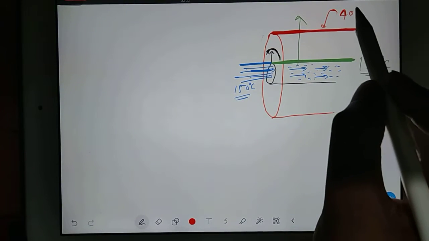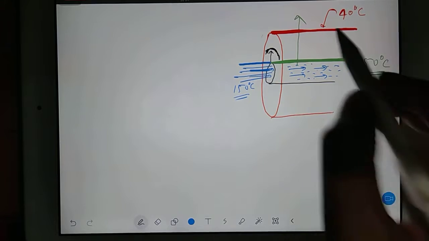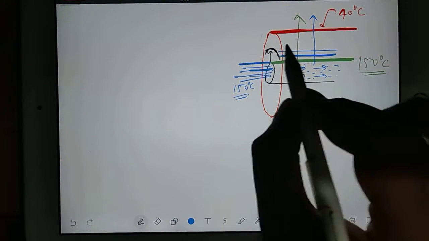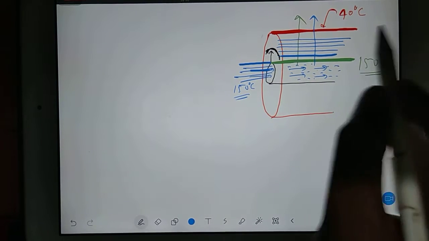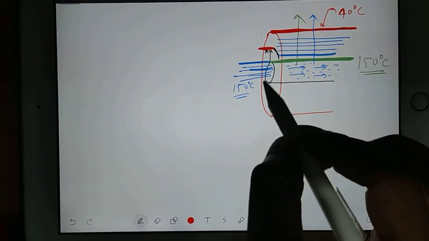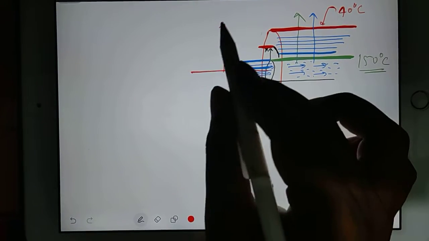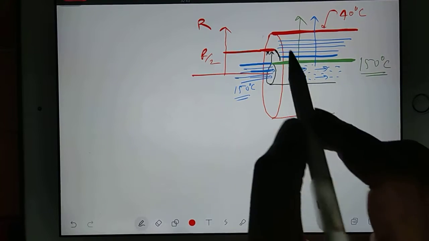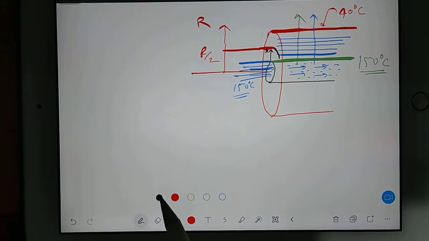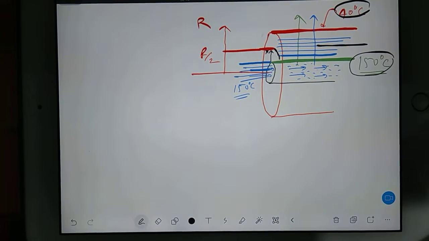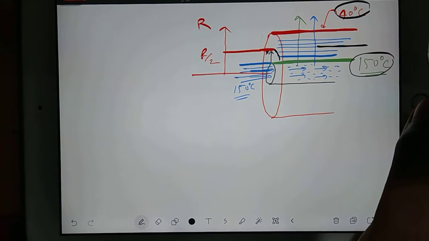When heat flows, the temperature keeps decreasing. So exactly halfway, at a radius of r by 2, suppose the total radius is r, what will be the temperature? Here you have 40, here you have 150, so halfway, what will the temperature be?